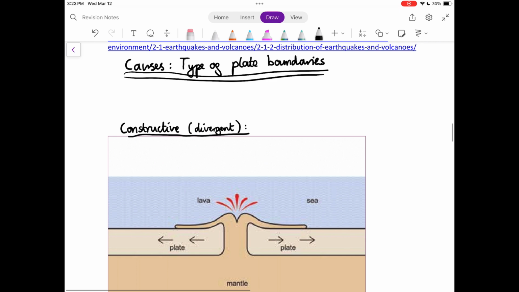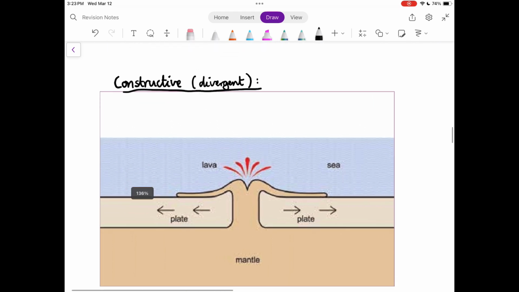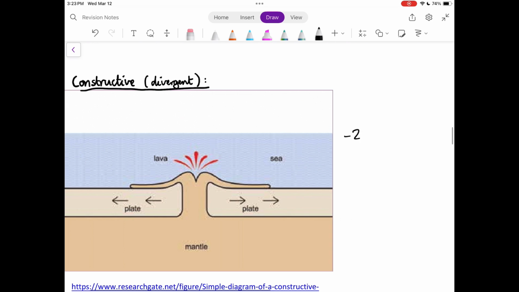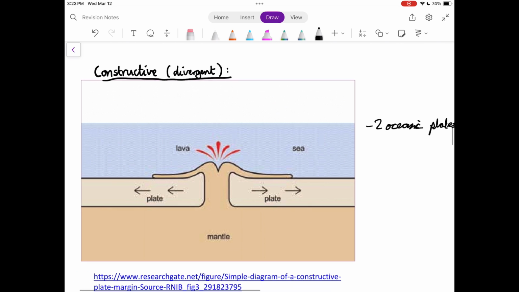Okay, so now we're going to be looking at the types of plate boundaries that cause earthquakes and volcanoes. So the first one is a constructive plate, and this usually occurs between two oceanic plates. So basically what happens is that these plates move away from each other, as you can see by these arrows here in the sea, and this causes the magma to be exposed.